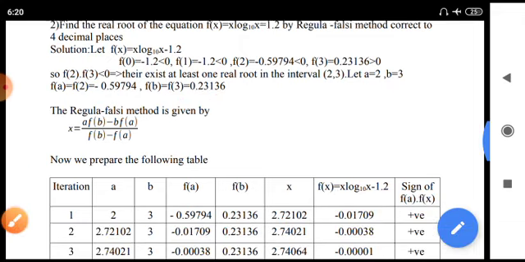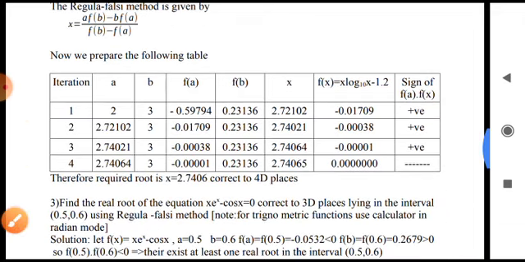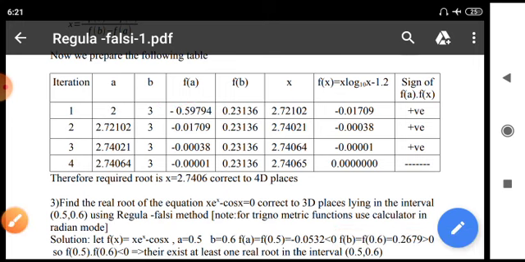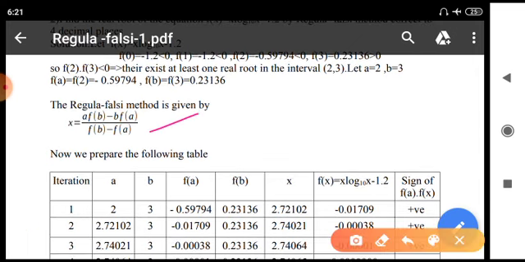Now we prepare the table. First iteration. For first iteration we know a value is 2, b value is 3. f of a is also we have calculated, -0.59794. f of b is 0.23136. Now we will calculate x value by using this formula.